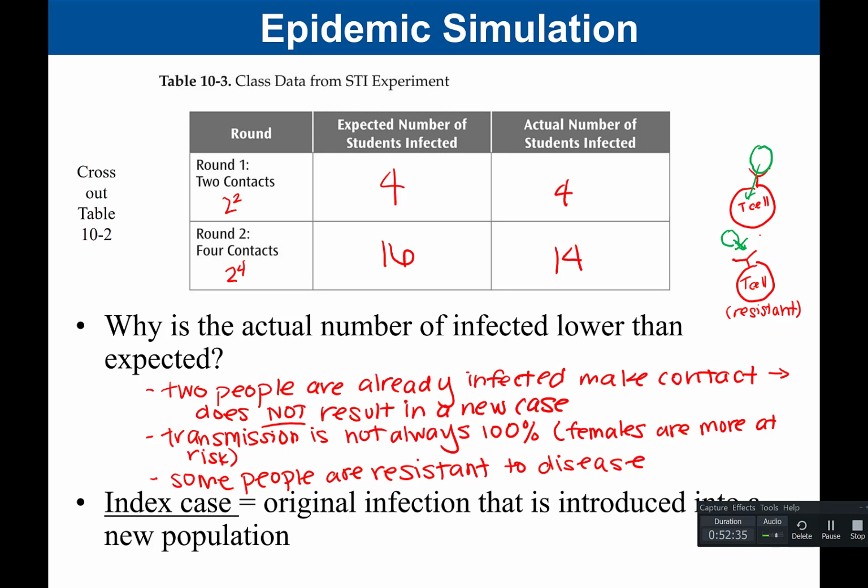Now, in terms of what we call the index case, the index case is the original infection that is introduced into a new population, right? As of now, current theory is that the index case, or what we call patient 0, originated in a wet market in Wuhan, China.